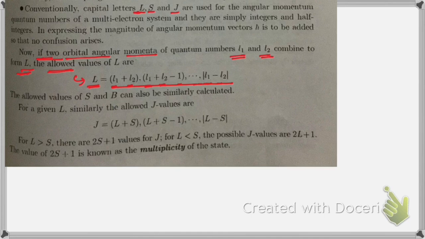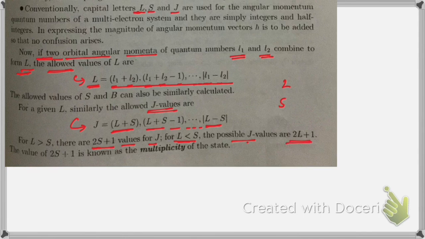Similarly we get the allowed values of J after getting resultant L and S. The values of J start from L plus S, then L plus S minus 1 and so on, down to the modulus of L minus S. When L is greater than S, there are 2S plus 1 values for J, and when L is less than S, the possible values of J are given by 2L plus 1.